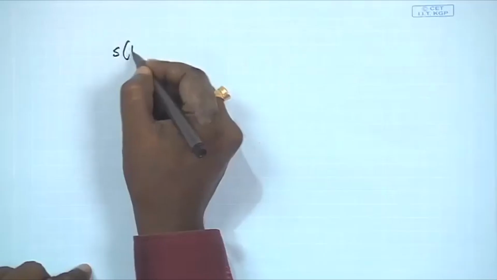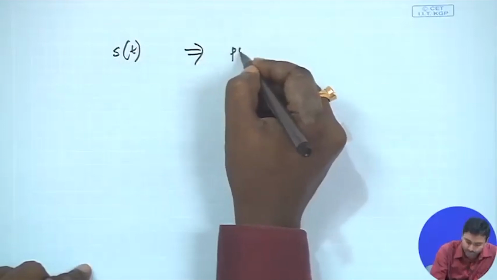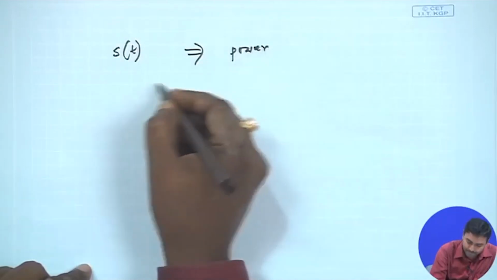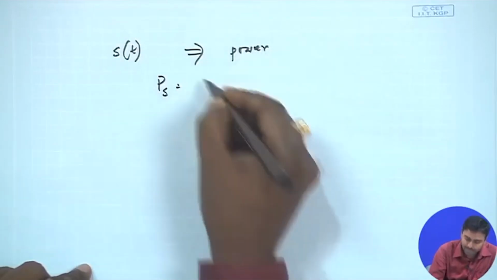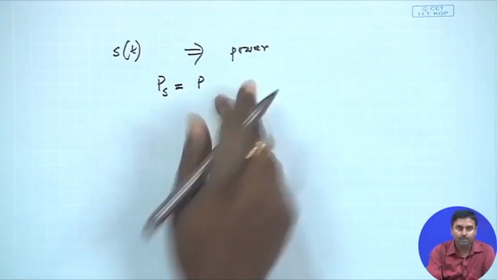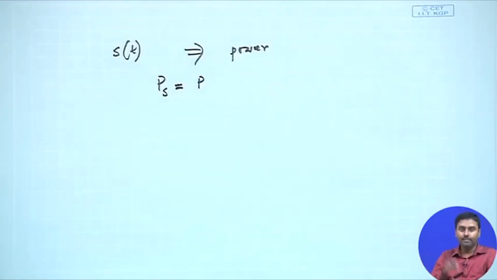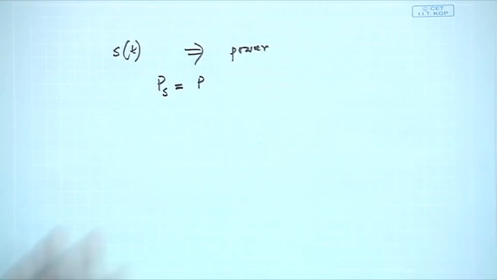So, this S(t) corresponding power, or P_S, is actually P, where P is the way it is defined, the power spectral density of m(t) integrated from minus W to plus W. Okay. So, now we know the power at the modulated level.